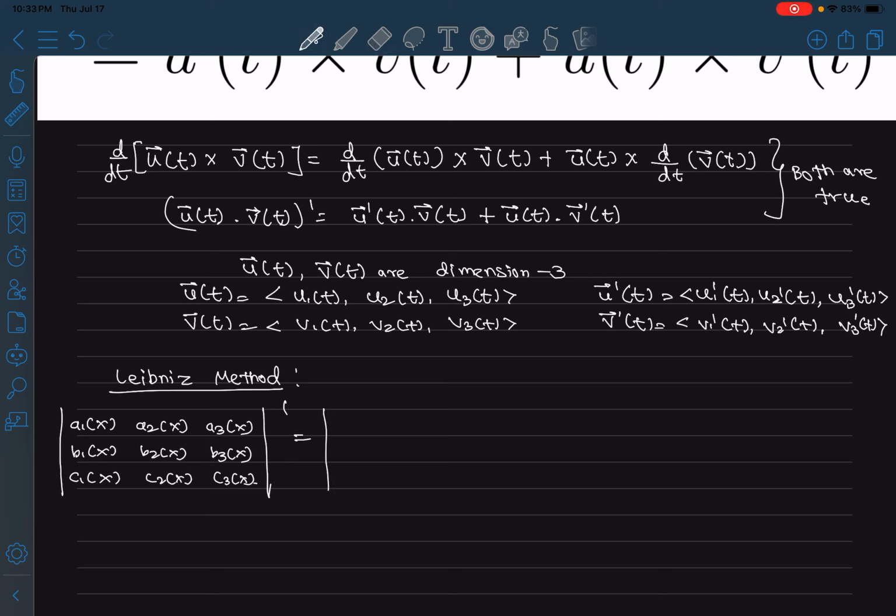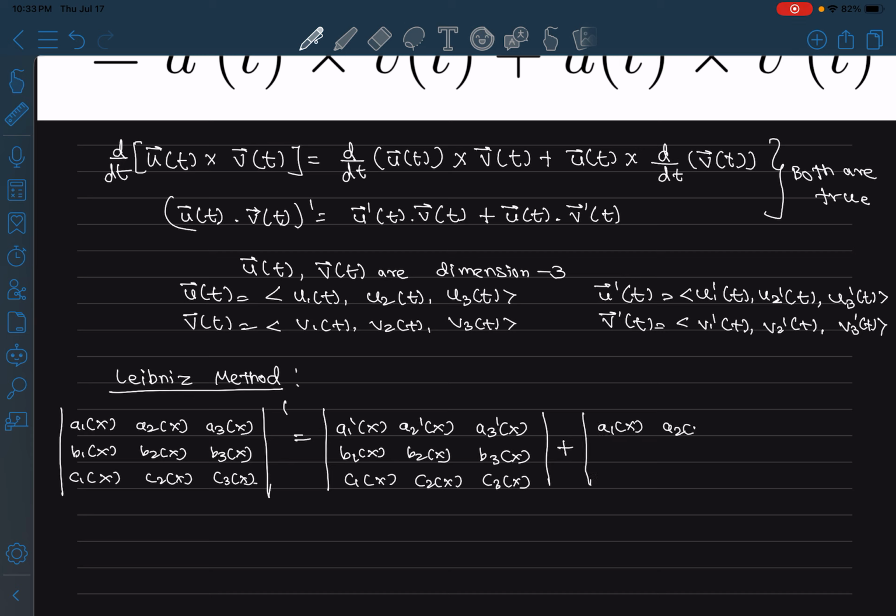But for determinant, it's something like this. First of all, the determinant of a1 prime of x, a2 prime of x, a3 prime of x, and then b1 of x, b2 of x, b3 of x, and c1 of x, c2 of x, c3 of x. Added with a1 of x, a2 of x, a3 of x, then b1 prime of x, b2 prime of x, b3 prime of x, and then c1 of x, c2 of x, c3 of x.